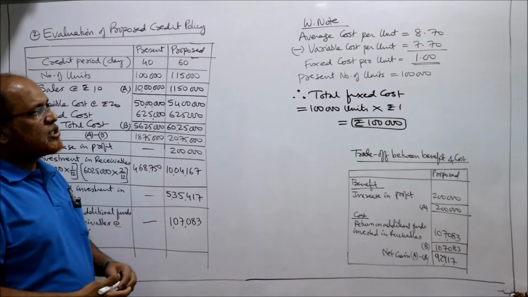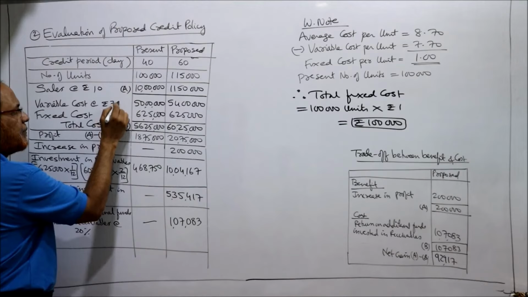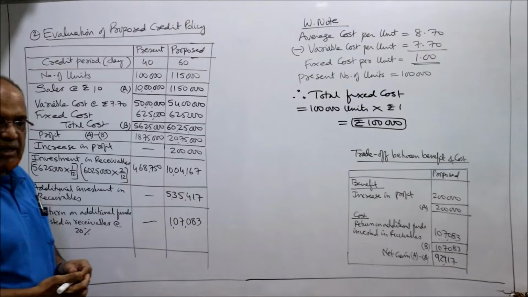11,50,000. Now the variable cost per unit is 7 rupees 70 paisa.